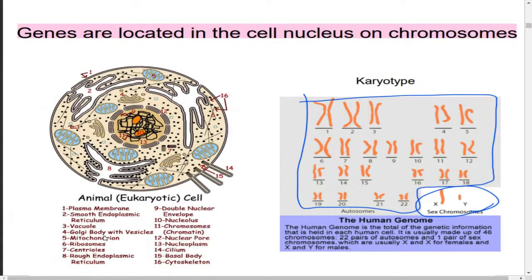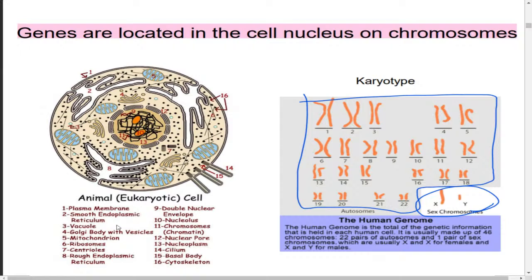Number four is the Golgi body and vesicles, which is here. This one is a Golgi body, and this one also could be called a Golgi body, also containing digestive materials.